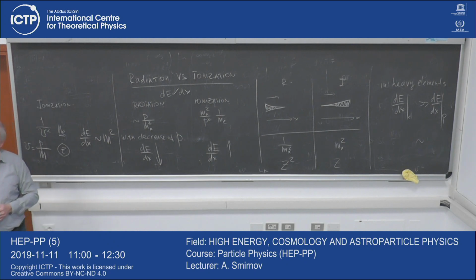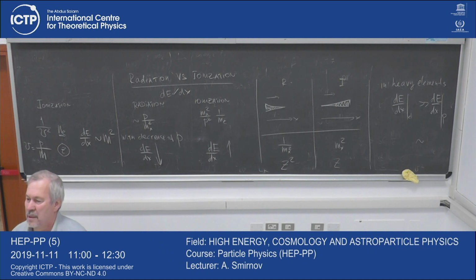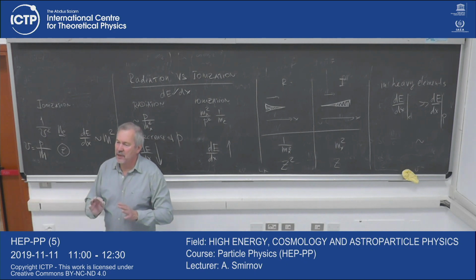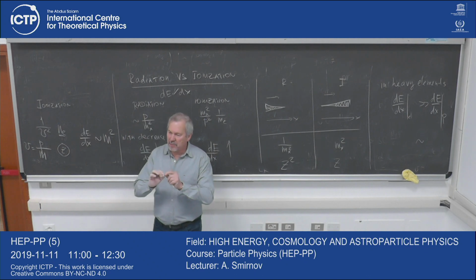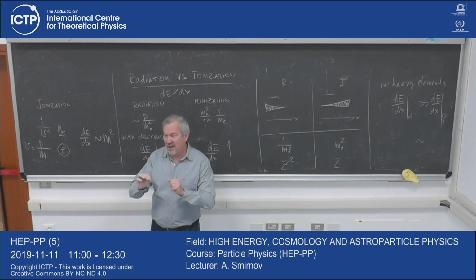How can we differentiate between the ionization loss and the radiation loss? We can detect radiation and ionization, and from that data we can know how much is the radiation loss and how much is the ionization loss. Well, even in the case of radiation, the elementary process is emission of a gamma, but then this gamma still ionizes the medium.